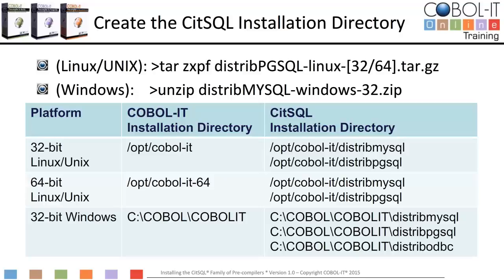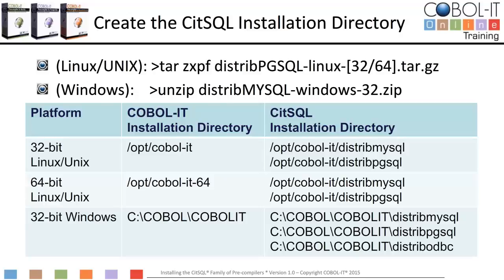In a 64-bit Linux or Unix environment, the default COBOL-IT installation directory is /opt/COBOL-IT64. In the Windows environment, CitSQL is only available in the 32-bit format. In Windows, the default COBOL-IT installation directory is COBOL-IT.